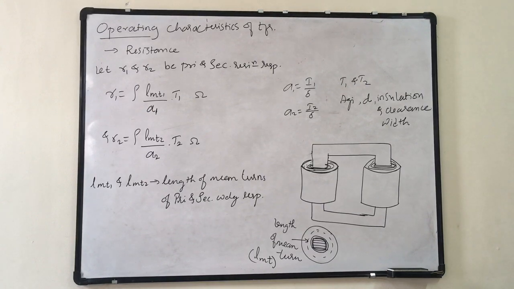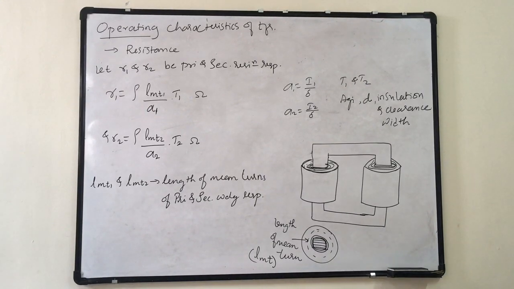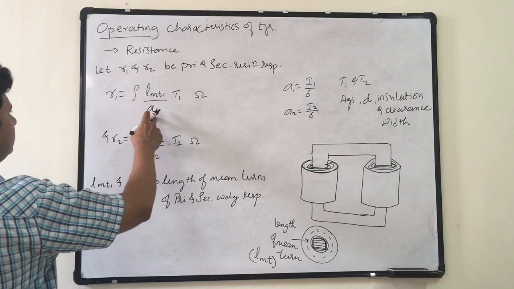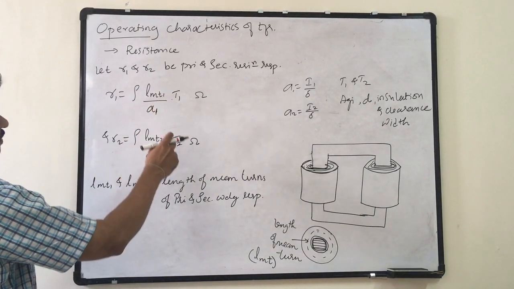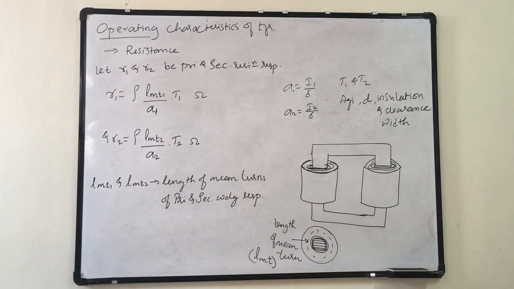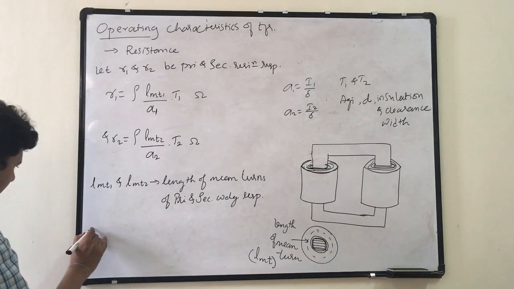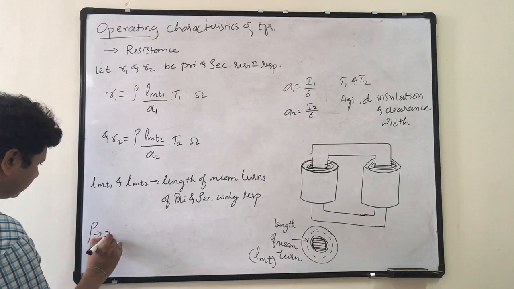A1 is the cross section area of the primary conductor, A2 is the cross section area of the secondary conductor, T1 is the number of primary turns, T2 is the number of secondary turns, and rho is the resistivity.